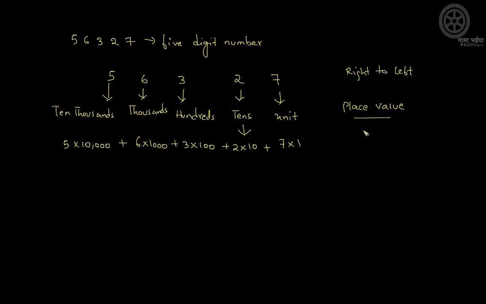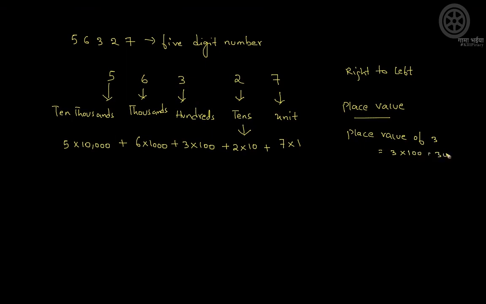right? So if the question is what is the place value of 3 in the number 56,327, then the answer will be 3 into what is the place? The 3 is in hundreds place, so it will be 3 into 100.